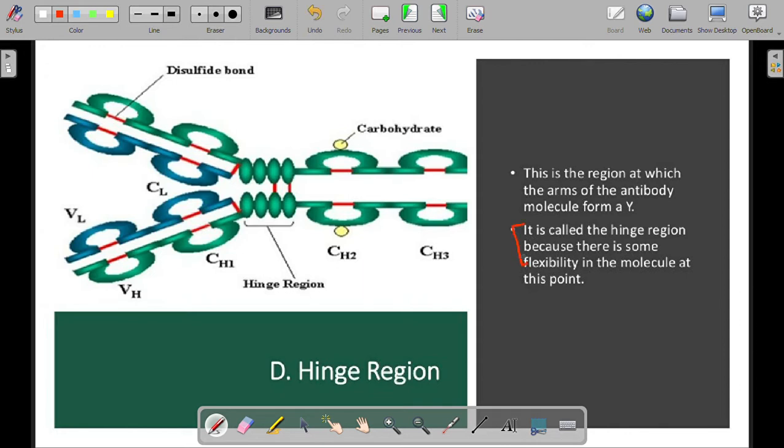The hinge region is between the two constant regions of the heavy chain, and this is the heavy chain. There is some flexibility, mainly it is for the flexibility in the molecule at this point.